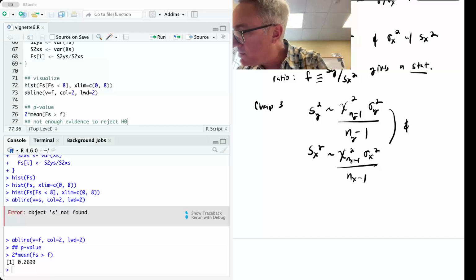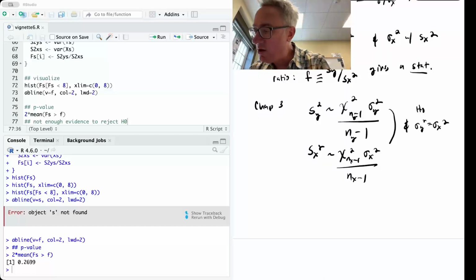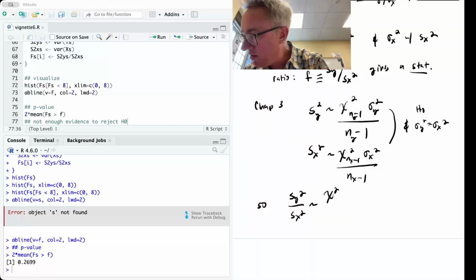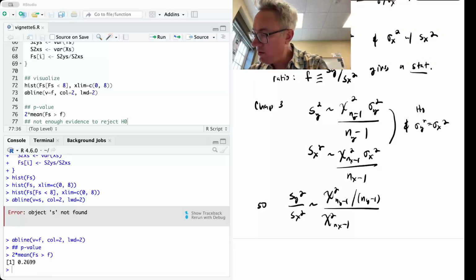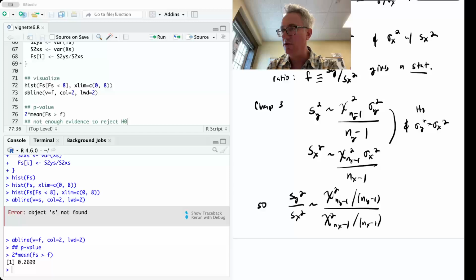We're assuming the null hypothesis is assuming that sigma y squared is equal to sigma x squared. So the ratio is going to have some cancellation. We'll have the chi-squared ny minus 1 over ny minus 1, and then the chi-squared nx minus 1 over nx minus 1. And the sigma y's and sigma x's cancel because they equal each other.